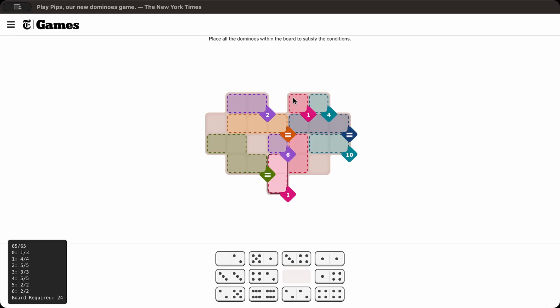But the 1 has to go here. Wait, we have 4 1s. I'm going crazy. I didn't realize we had so many 1s. I thought we only had this one and this one. Okay, hold on. That changes all of my thought process. So everything I just said was nonsensical.